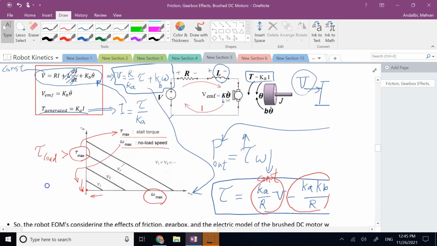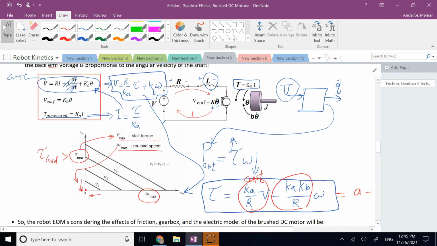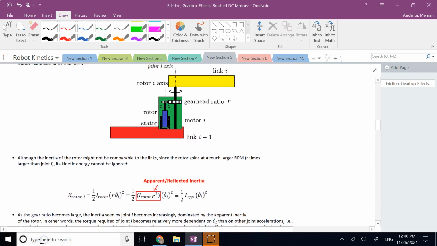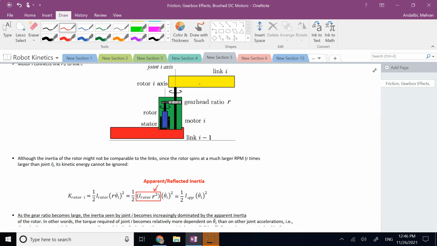Now, in reality, when we use motors, we do not run them under any of these conditions, because when the motor is attached to a link, there is always some load. Even if that link of the robot is not supposed to move something, it still has gravity. There is definitely some torque that you need at the joint to hold against gravity.